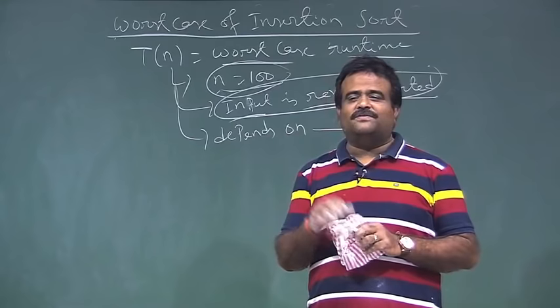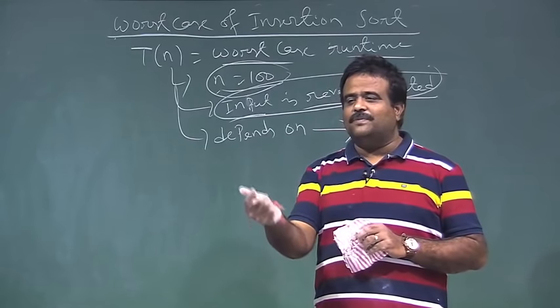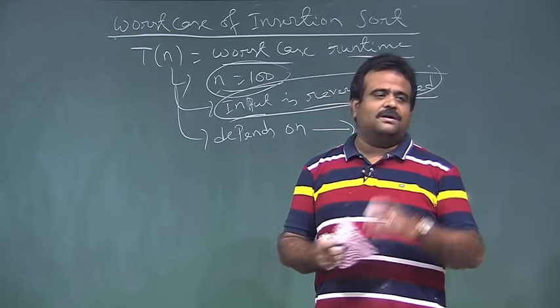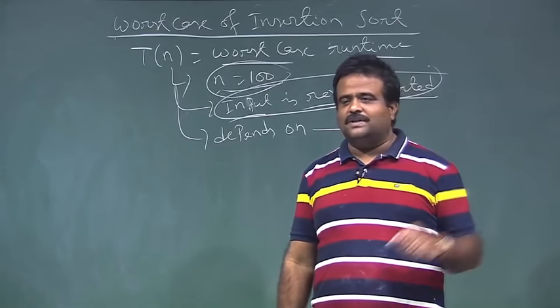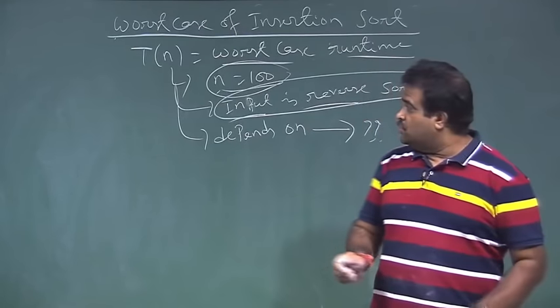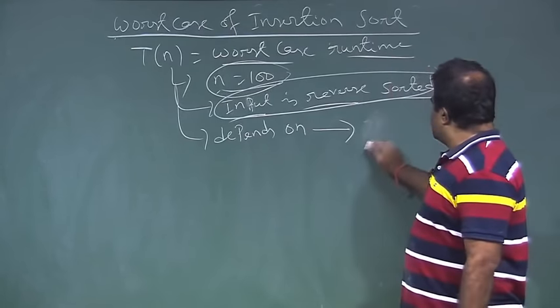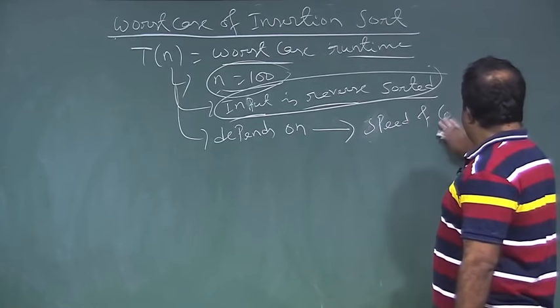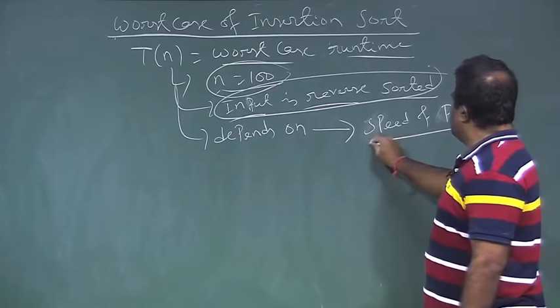Your laptop will be faster. Your laptop can give the output in a second, but your grandfather's computer can take 1 hour. So it will depend on the speed of the computer where we are running the code.